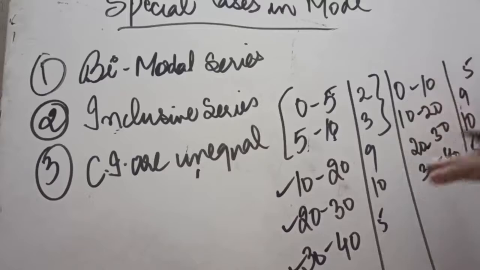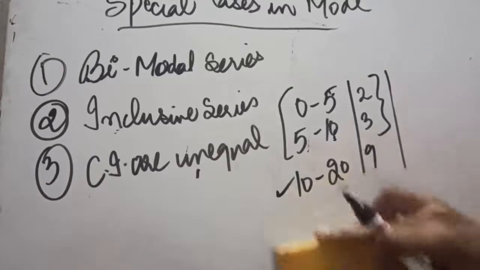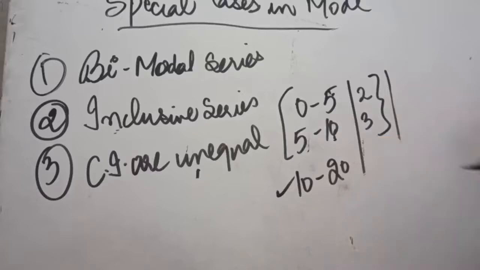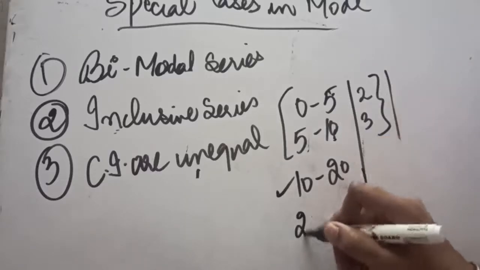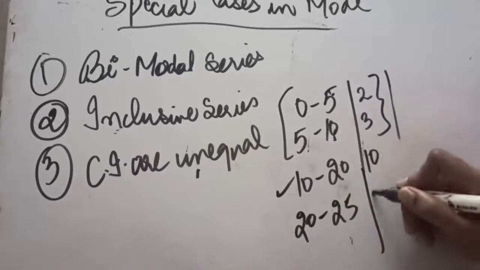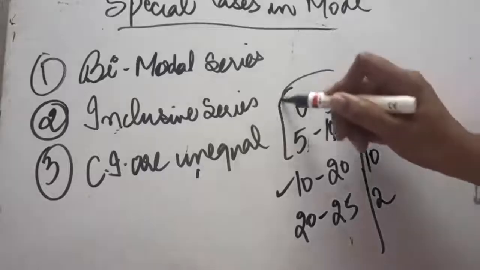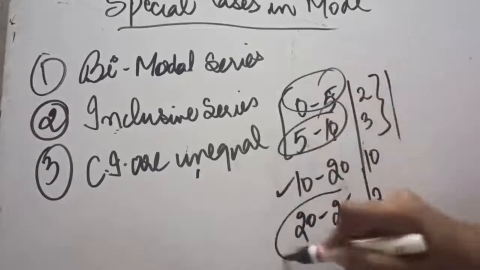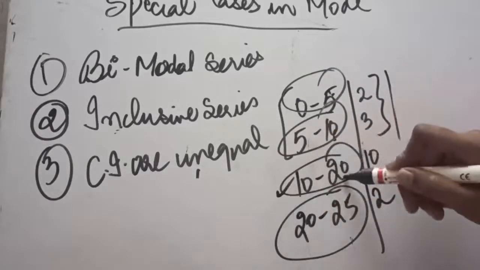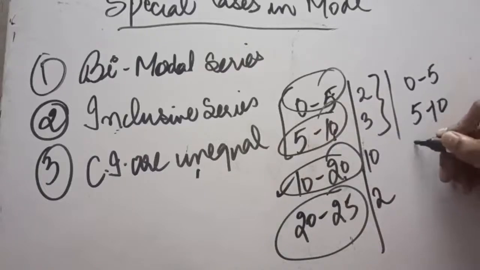Like this we can split also. If now the question is this much, and next has been given 20 to 25, frequency 10, and it is 2. Now we have to make it equal, so we can see the difference is 5, here also 5, only here the difference is 10. So we can split also. How will we split? The first two will remain the same.